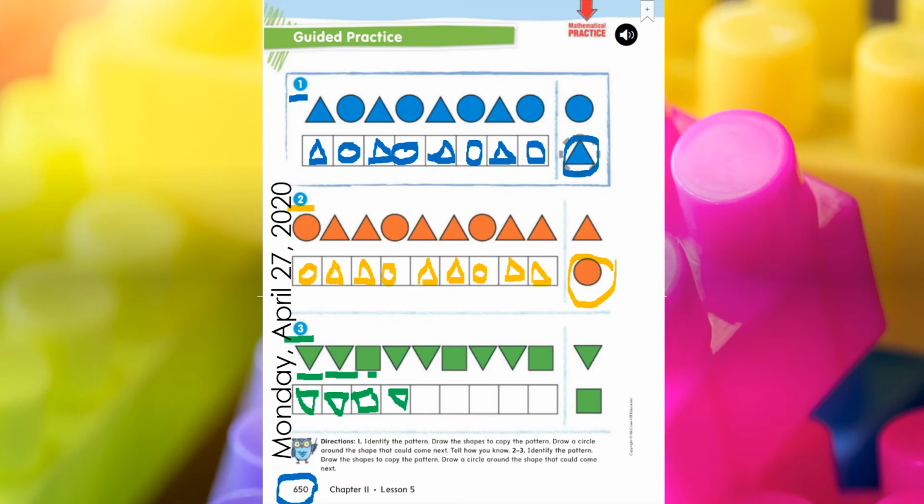Triangle, triangle, square. Triangle, whoops, I got out of the line. Triangle, square. What shape comes next? Ding, ding, ding, ding, winner, chicken dinner, you are right. It is the triangle. All right, let's turn to the next page.